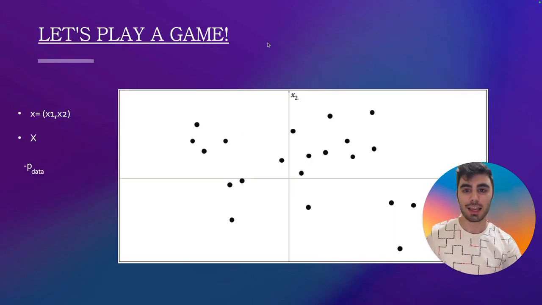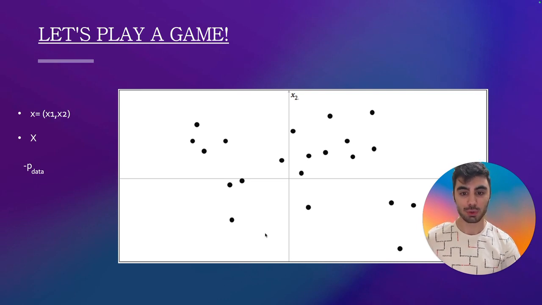In this game, as you can see here, we have a 2D plane, okay? You can see there are some points placed in this plane, with x1 and x2 coordinates, right? We will first assume that these points are distributed according to some unknown rule.